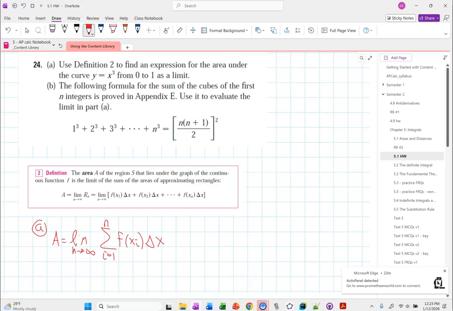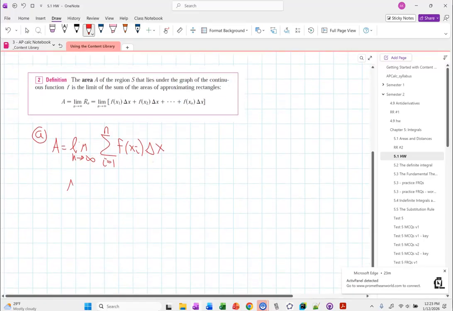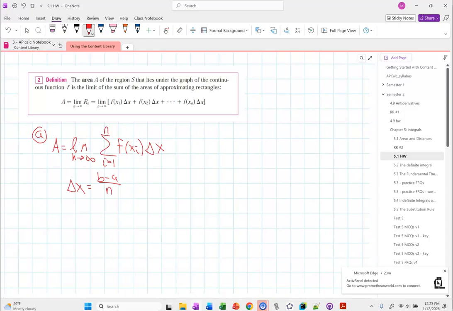So far, so good. Now, I remember that delta x is b minus a over n, and xi is, if I'm using right-hand endpoints, which it doesn't indicate how it wants me to do, so I think that'll be okay, a plus i delta x.